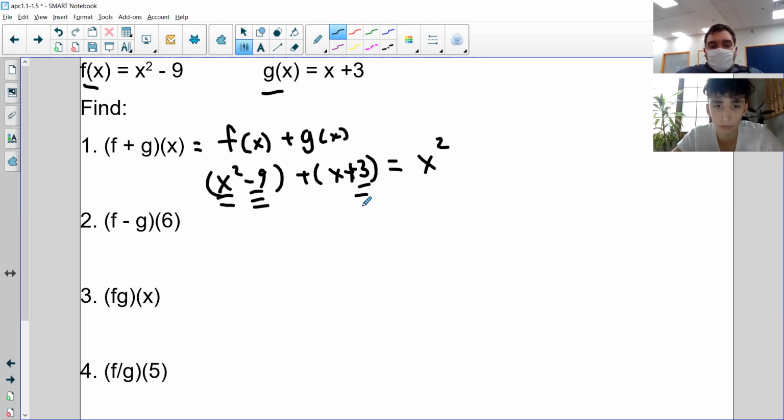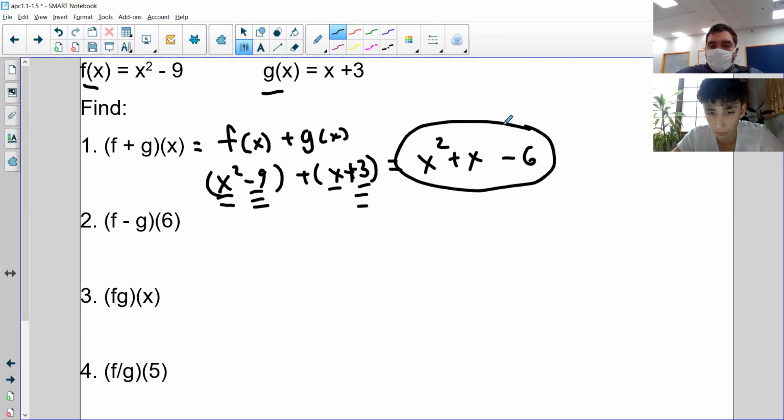Negative 9 matches with 3, so I'll combine that to negative 6. And then x doesn't have any like terms, so plus x. You could factor it, but I didn't ask you to do that, so you're done there. Just combine like terms as best you can.